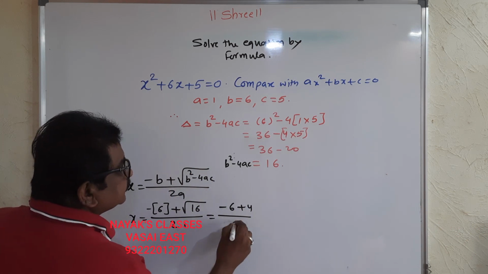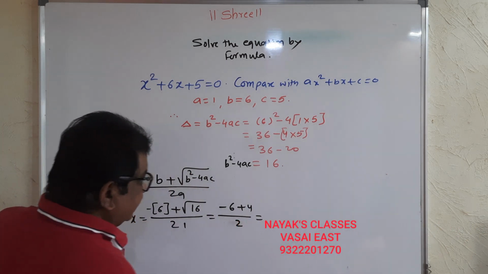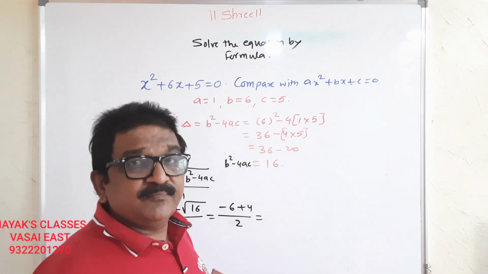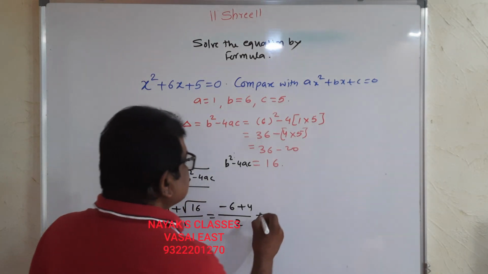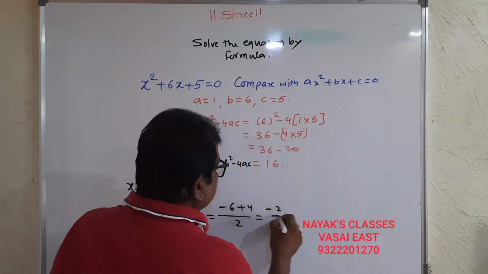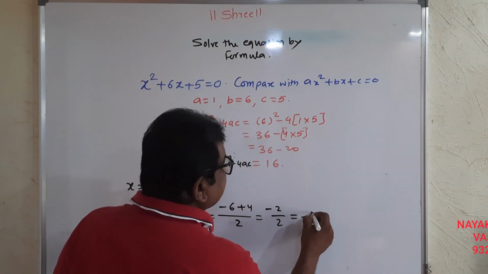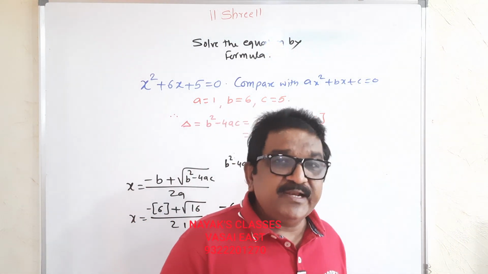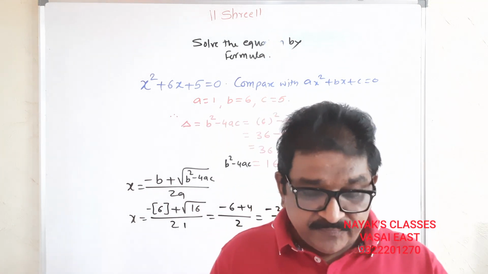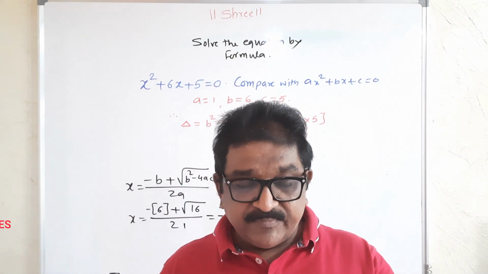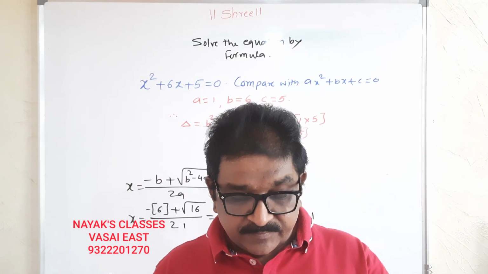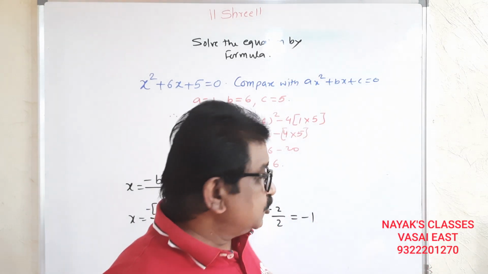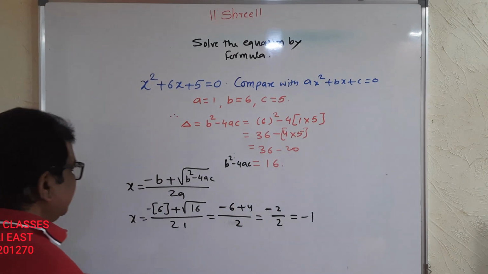So it is 2. It will be minus 6 plus 4, that is minus 2 upon 2 is equal to minus 1. We are solving the first example of the second question. So this is the first value.